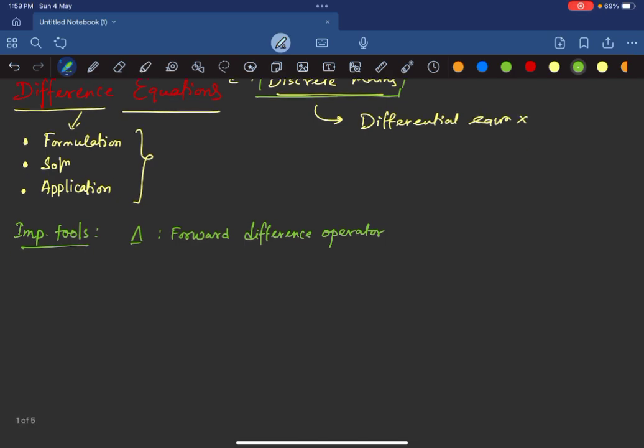So delta is the forward difference operator. The definition of delta of f(x) is f(x+h) minus f(x). Sometimes we write delta of y_x, that is y(x+1) minus y_x.